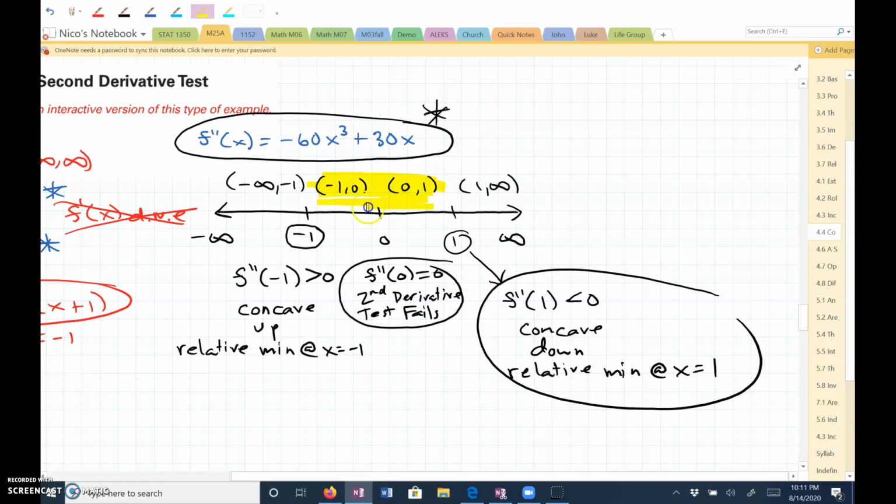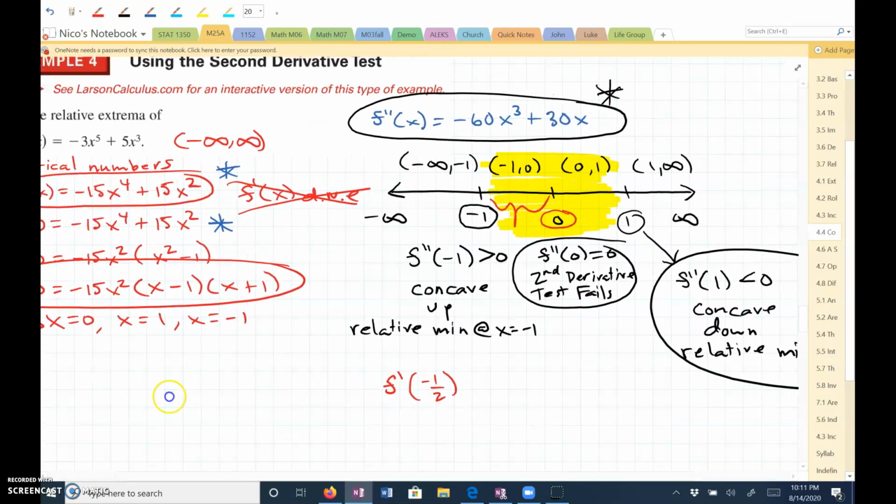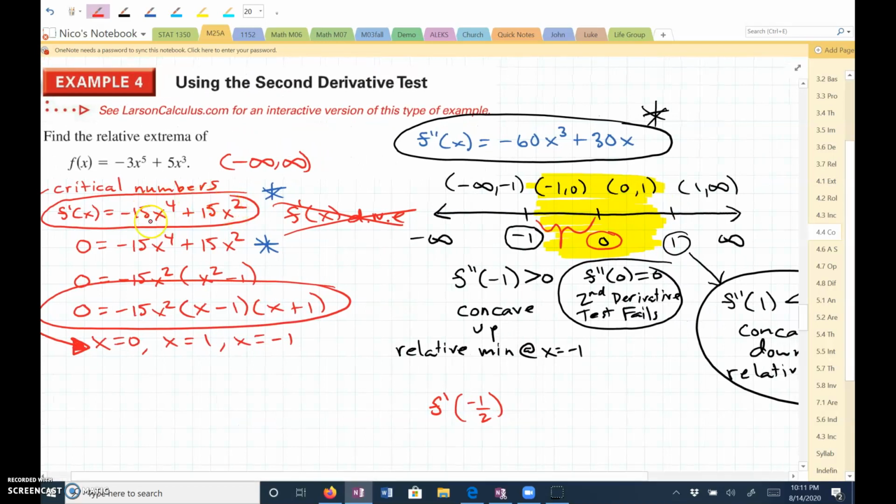Now we have to come back and look at this part of it to figure out what's going on here. So we're going to go back to the first derivative test. First of all, I'm going to look at this interval here, and I need to test f prime of -1/2. So here's the first derivative: f prime of -1/2 equals -15 times (-1/2) to the 4th, plus 15 times (-1/2) squared.